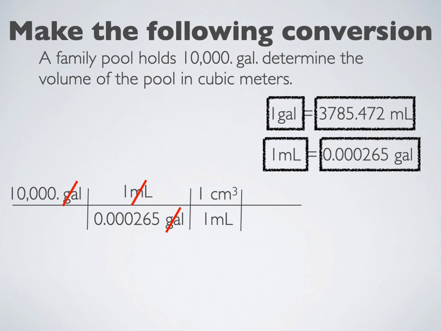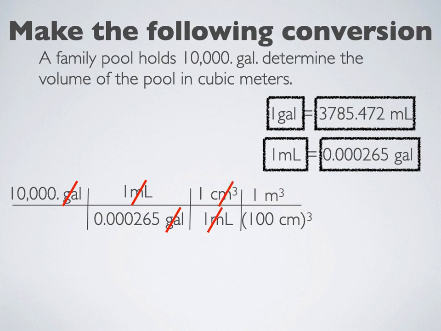Hopefully you thought in your head about Dora the Explorer, and then maybe also that there's 100 centimeters in a meter. But you have to do that 3 times. So you have to divide by 100, divide by 100, divide by 100, because you're working with a cubic length. You can either write it like this, or you can write it as 3 separate steps. 1 meter over 100 centimeters, next step 1 meter over 100 centimeters, next step 1 meter over 100 centimeters.